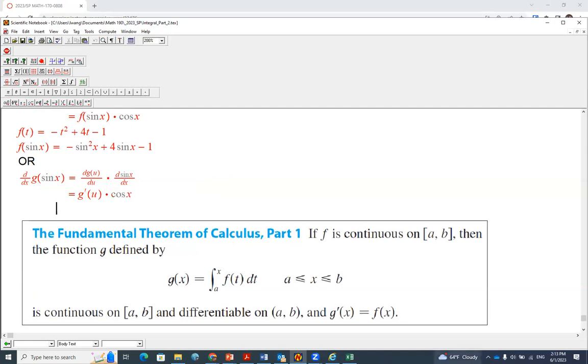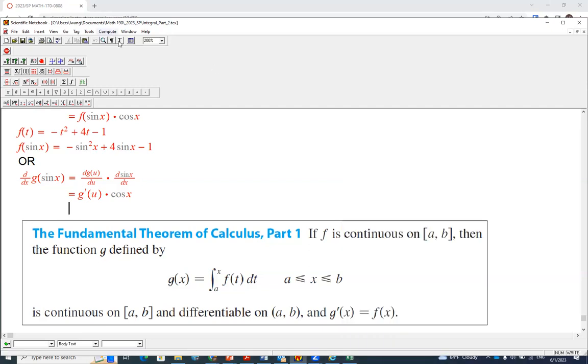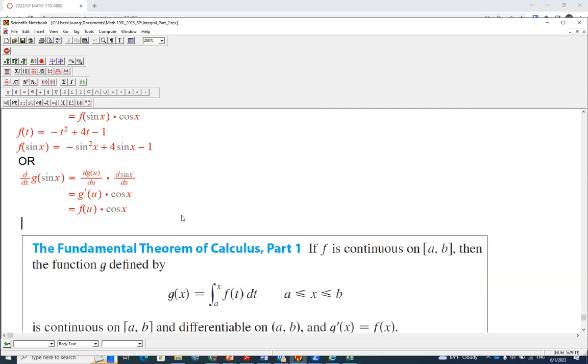G prime of u is f of u, multiplied by cosine x. And what is u? It's f of sine x, multiplied by cosine x.